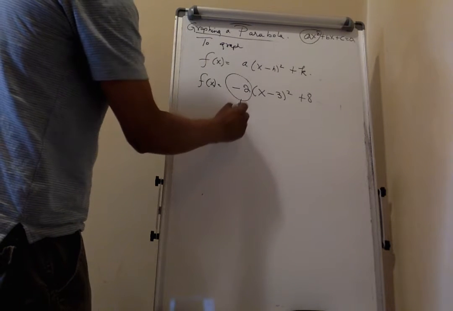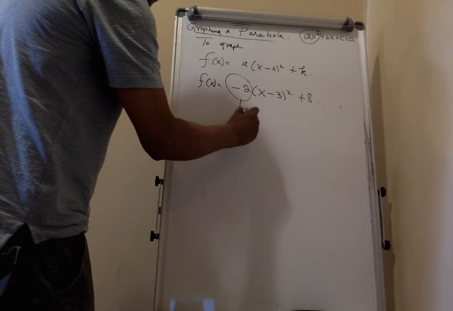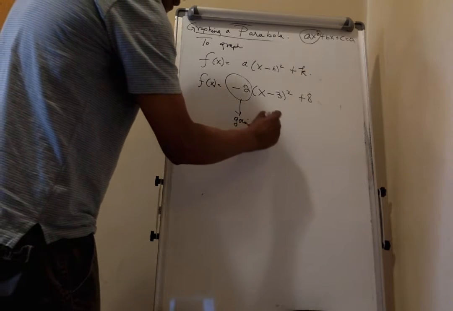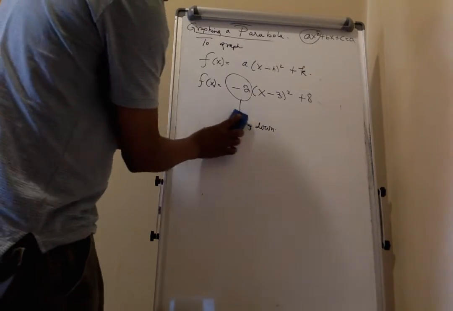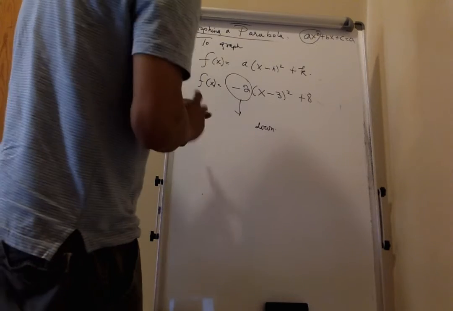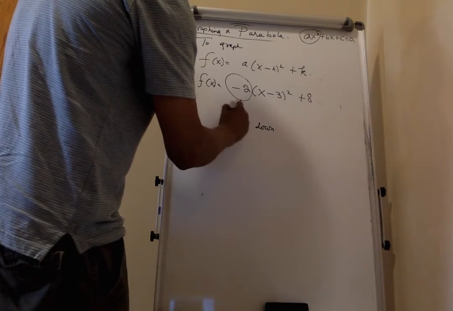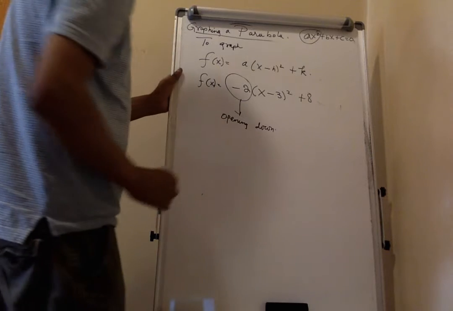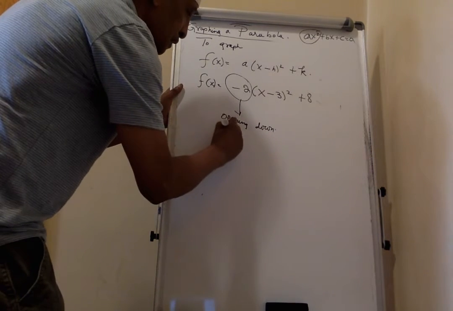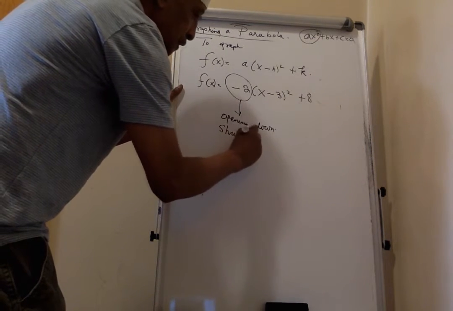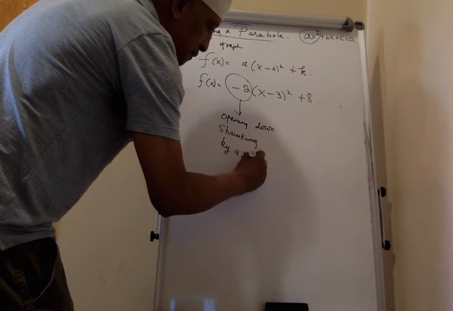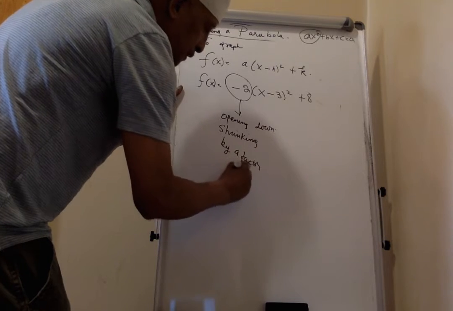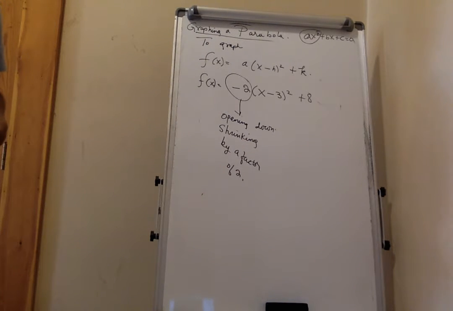This is a parabola opening down. Shrinking by a factor of 2. And these are the vertices.